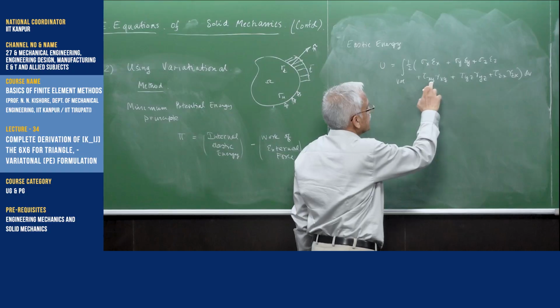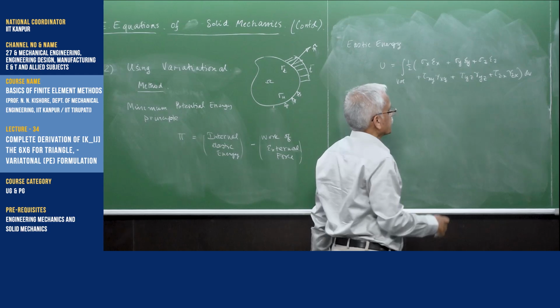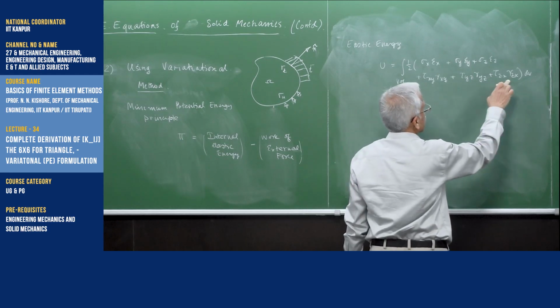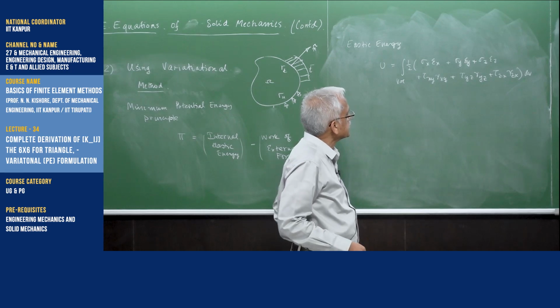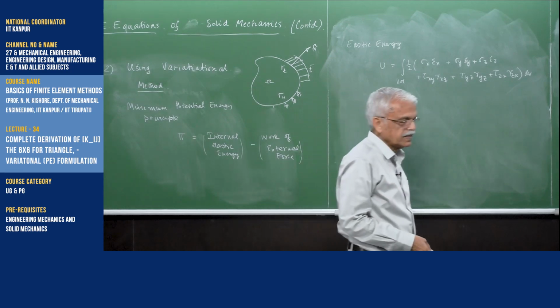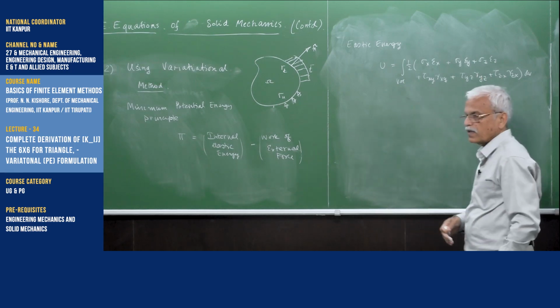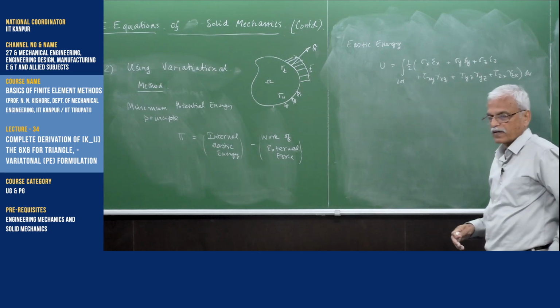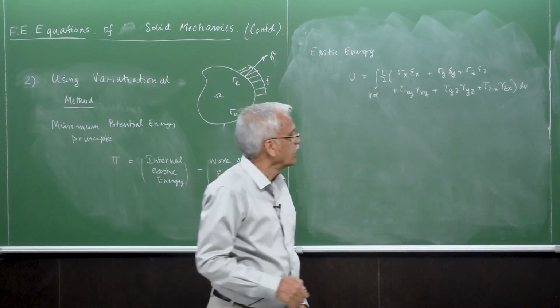Each shear strain is multiplied with the corresponding shear stress. So there are 6 stresses here and the corresponding strains. Okay, so epsilon x, epsilon y, and all those are the strain components.